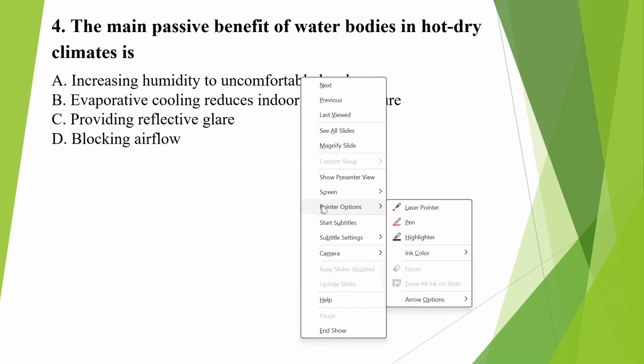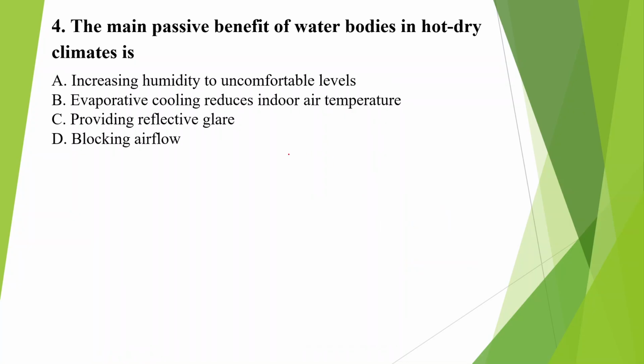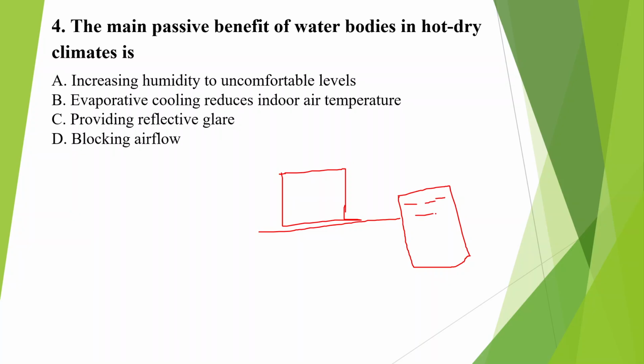So now I will be drawing one figure, with the help of which all of you can easily answer this question. Meanwhile, all of you who know the answer can give your answers in the chat box.